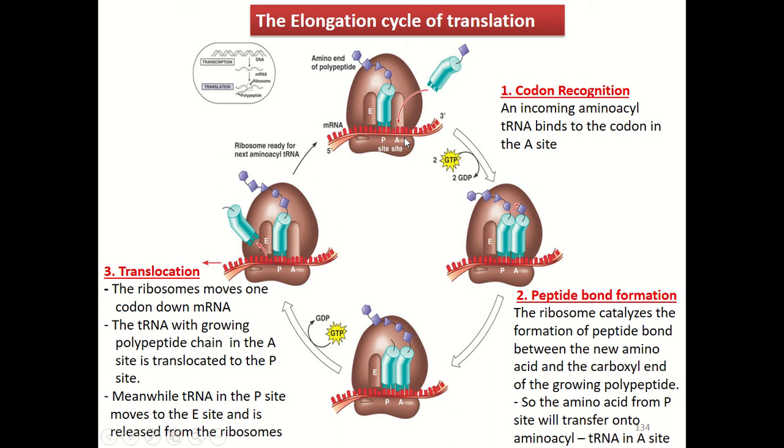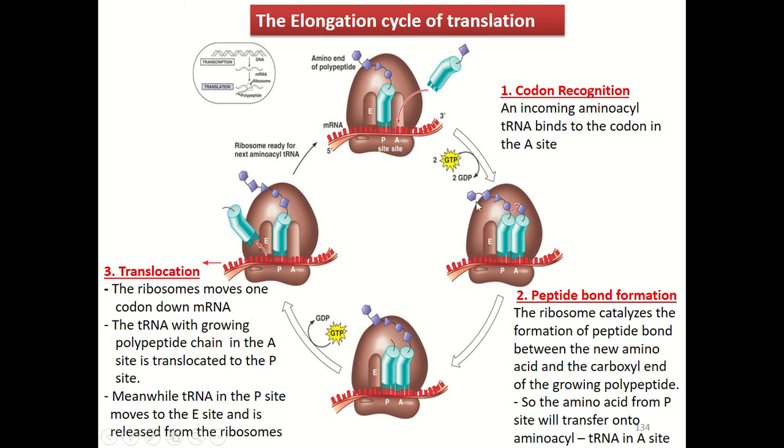After they go to the A site, peptide bond formation will occur. So what is peptide bond formation? The ribosome will catalyze the formation of a peptide bond between the new amino acid here and the carboxyl end of the growing polypeptide. This is a polypeptide already.